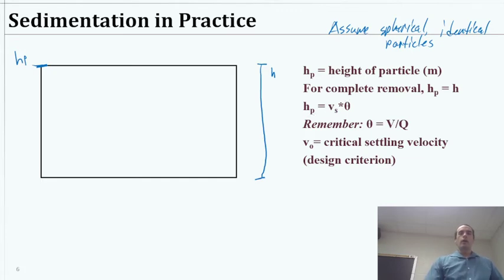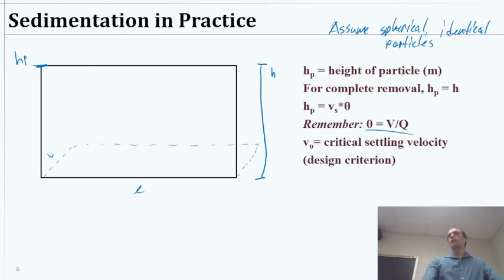We'll say our height of the particle we want to be equal to the sedimentation velocity times our hydraulic retention time. So remember that theta is V over Q. We can get a volume if we have some dimensions, right? We have a length, probably some width, and a height. So we could have some idea of our flow rate and our system.